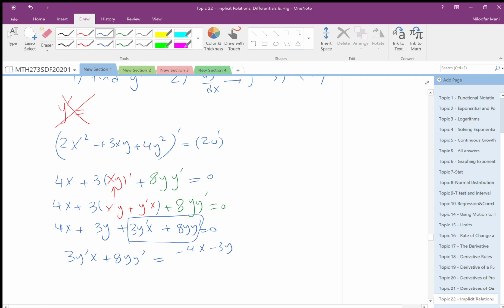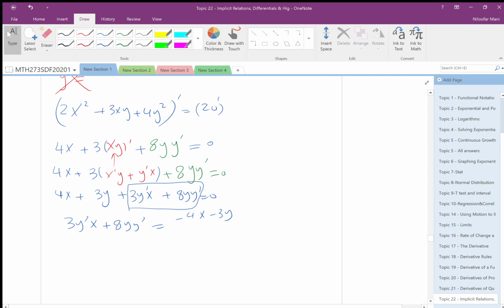Then I factor y prime: y prime times 3x plus 8y equals minus 4x minus 3y. So y prime is minus 4x minus 3y divided by 3x plus 8y.